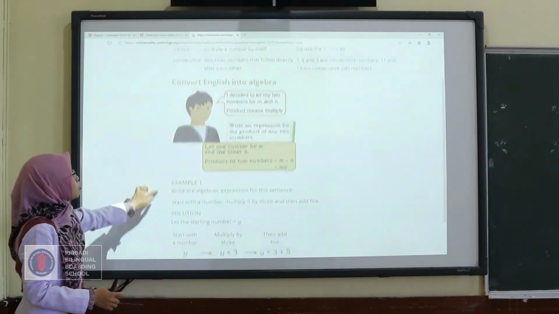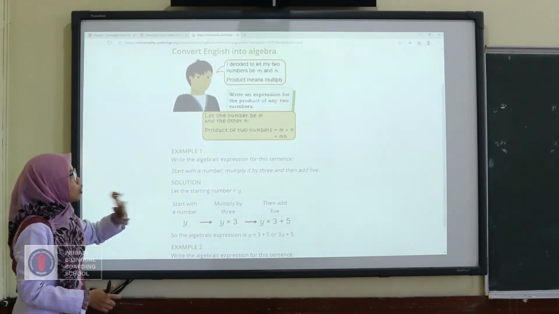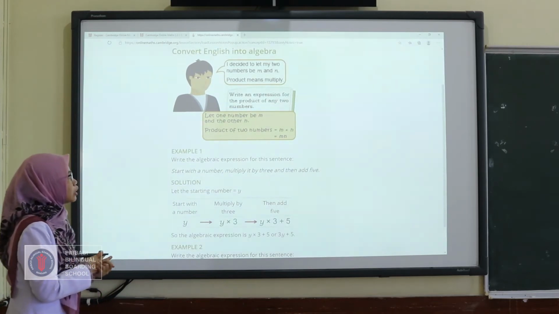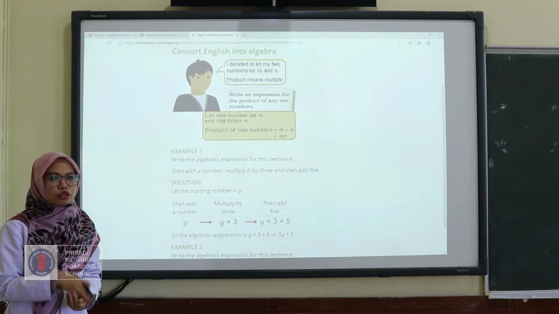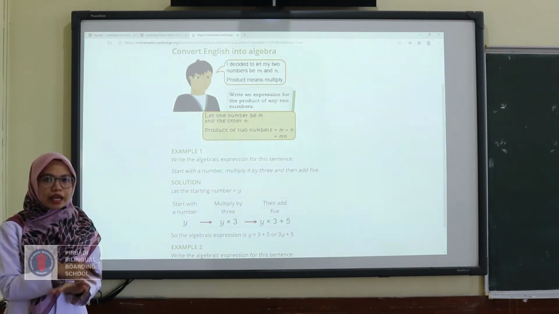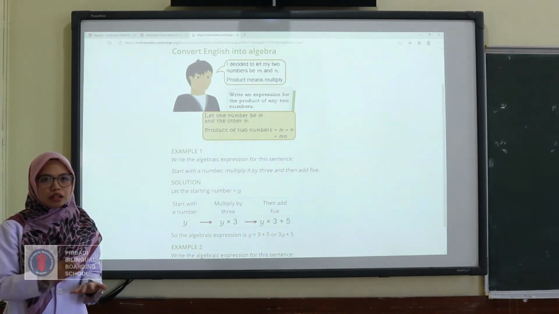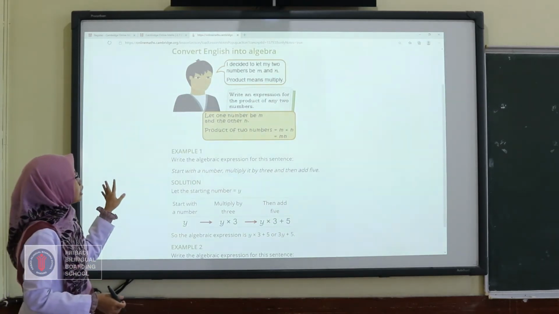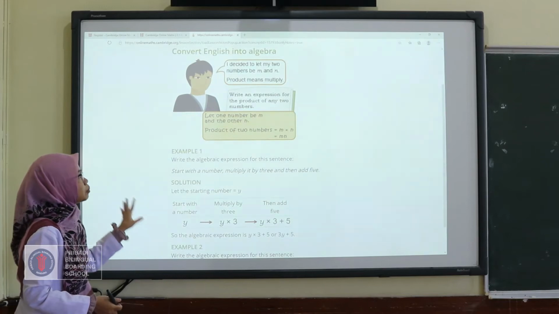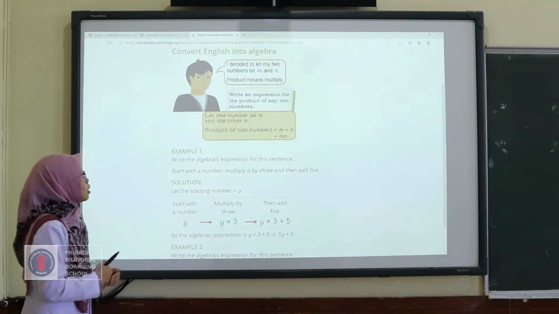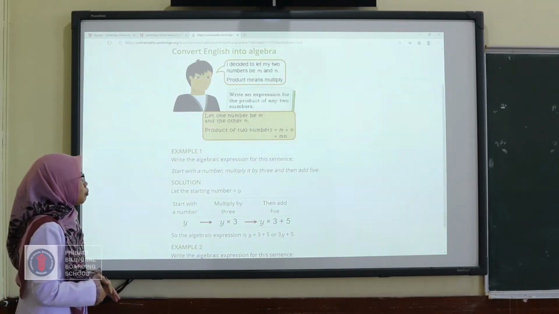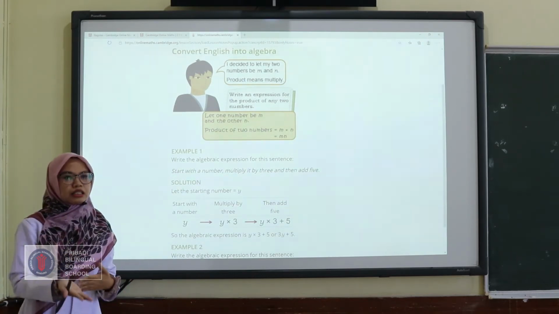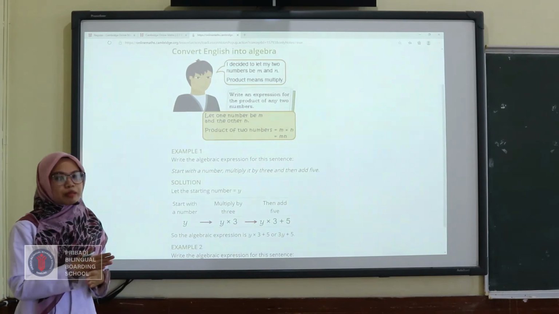Now, for example, we have to convert English into algebra. Write an expression for the product of any two numbers. You can choose any two numbers. It can be A and B, or P and Q, it's up to you. But in here, he decided to let the two numbers be M and N. So, let one number be M and the other N. The product, don't forget, is the result of multiplication.